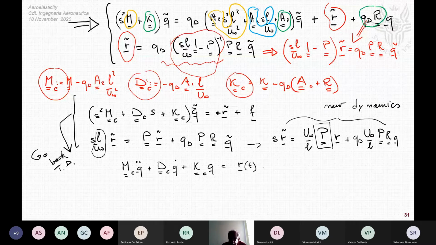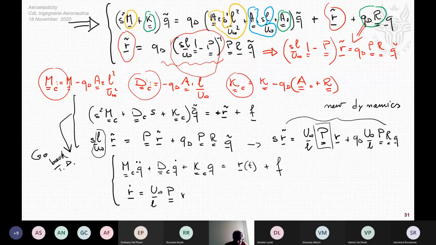R plus F. Okay, and the other system is R dot equal to U L P R plus Q_D U P R by Q.